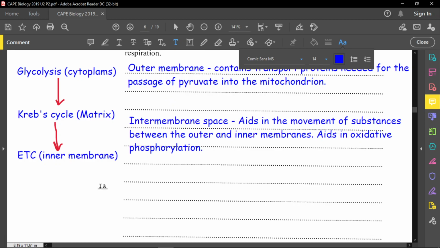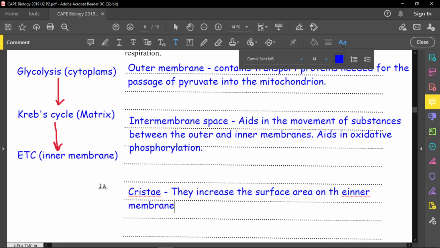So let's talk about the cristae first, which is just the folds of the inner membrane. The cristae are very important in increasing the surface area of the inner membrane.